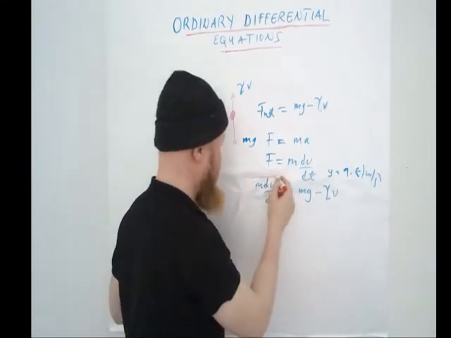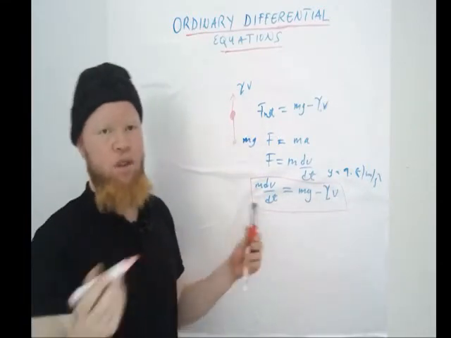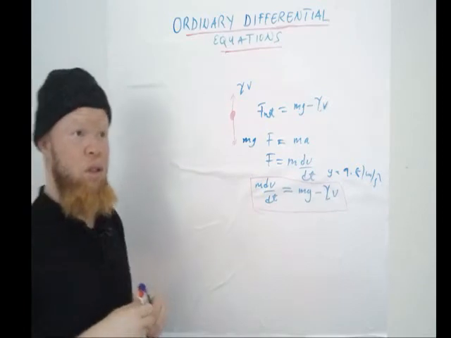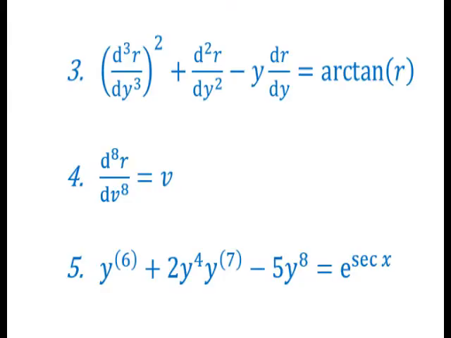Our next step is to now define what a differential equation is. A differential equation is an equation that has at least one derivative of an unknown function with respect to at least one independent variable.